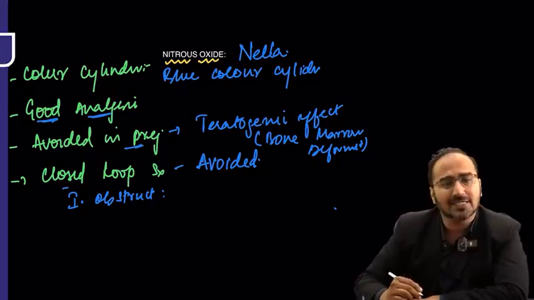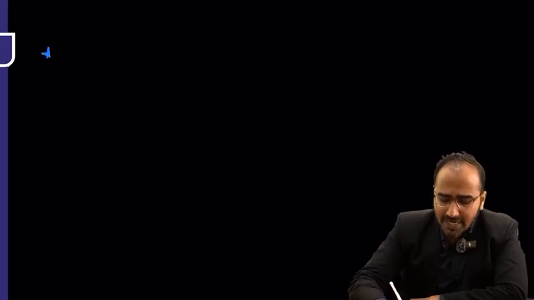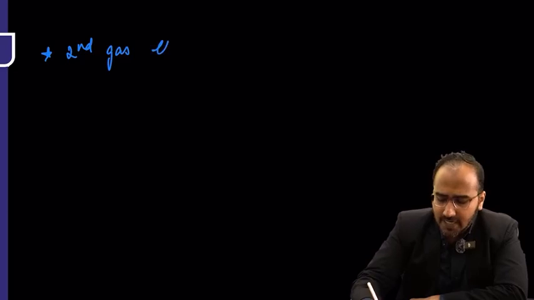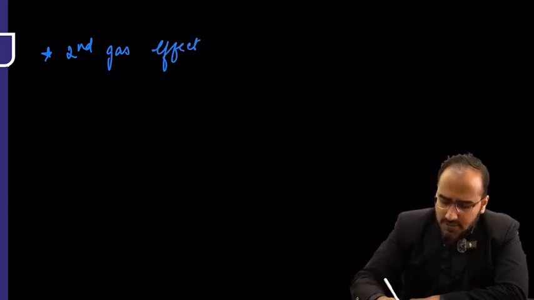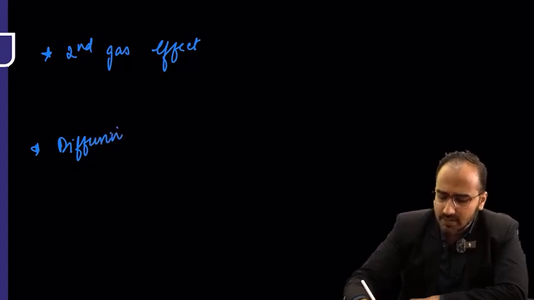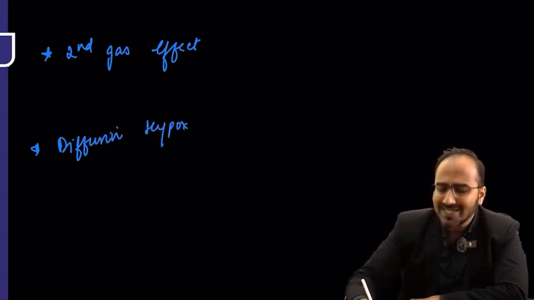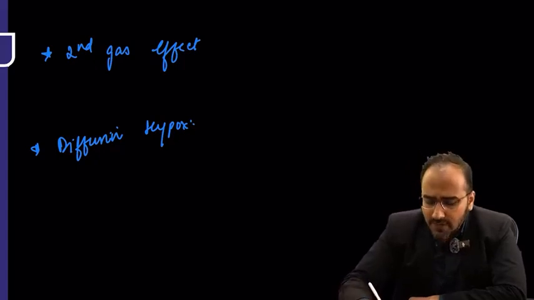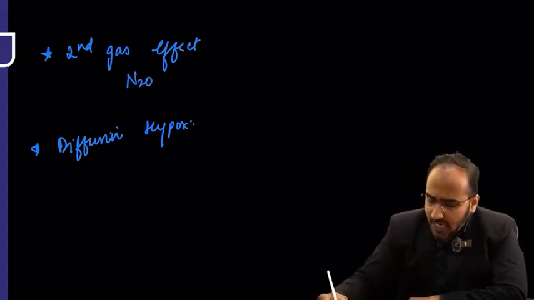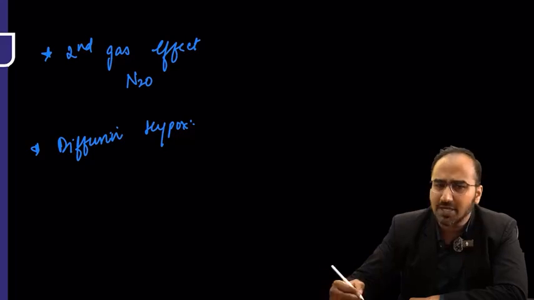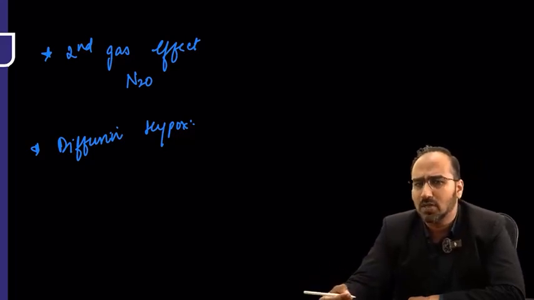Two more points of nitrous that we need to remember is, with nitrous you can see second gas effect, and with nitrous you can also see diffusion hypoxia. Second gas effect is what? Whenever you are giving nitrous, remember you never give nitrous alone. Nitrous is always used as a carrier gas.